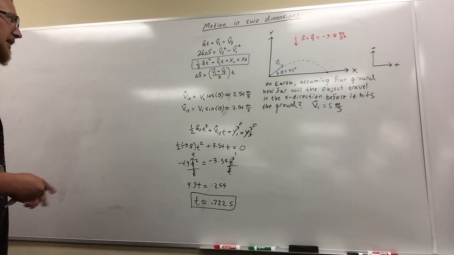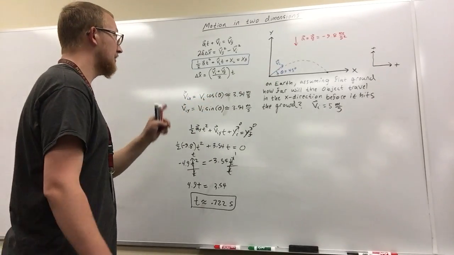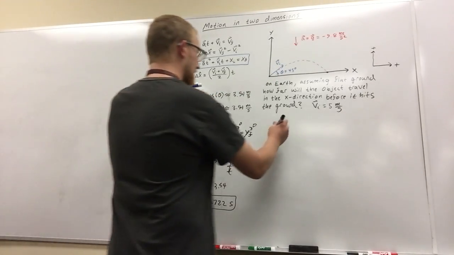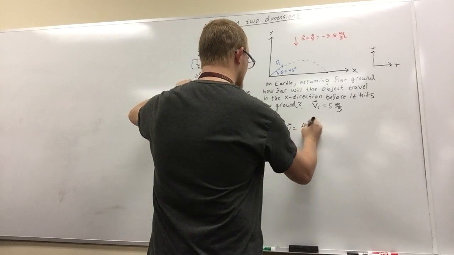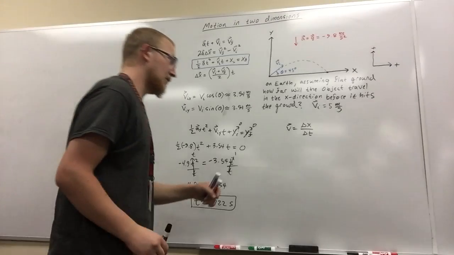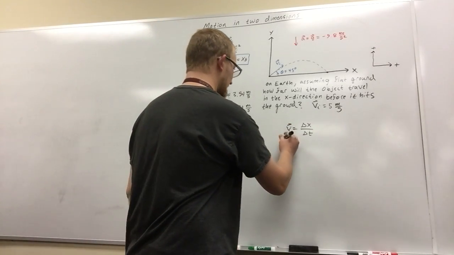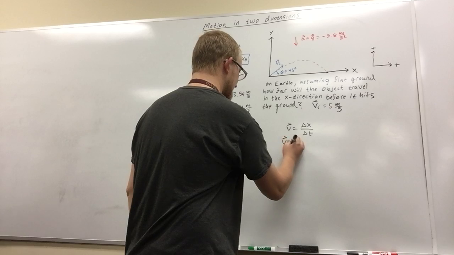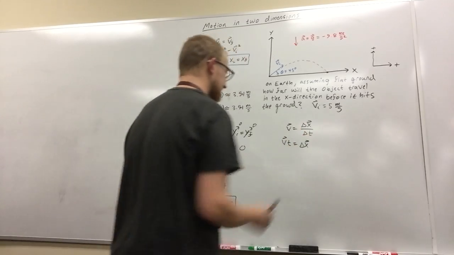All right, so now that we have time, we can go to our original idea, right? So we know that v is defined as the change in x with respect to time. We're looking for the change in x, right? So we could multiply time over here and say v times t equals our change in x.